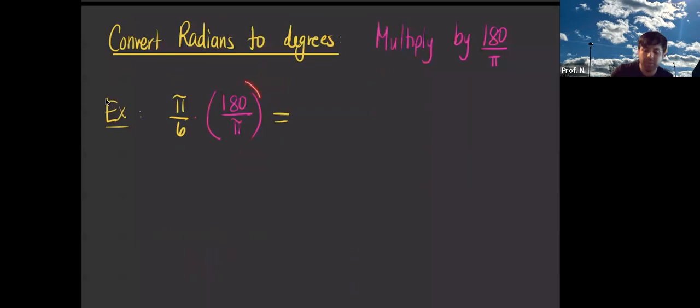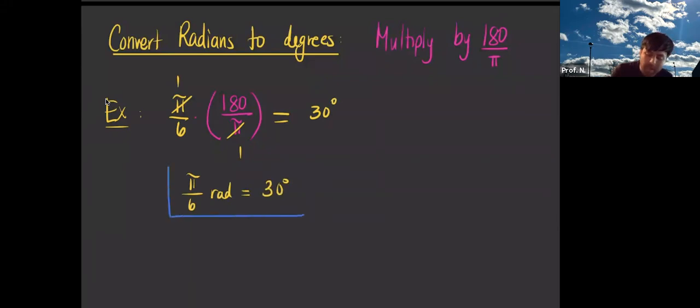So this will be the conversion factor, 180 over pi. And then look what happens when I multiply it this way. The pi's cancel, becomes 1. And 180 divided by 6 is 30 degrees. So pi over 6 radians equals 30 degrees. Give me anything in radians and I can convert it to degrees by multiplying by 180 over pi.